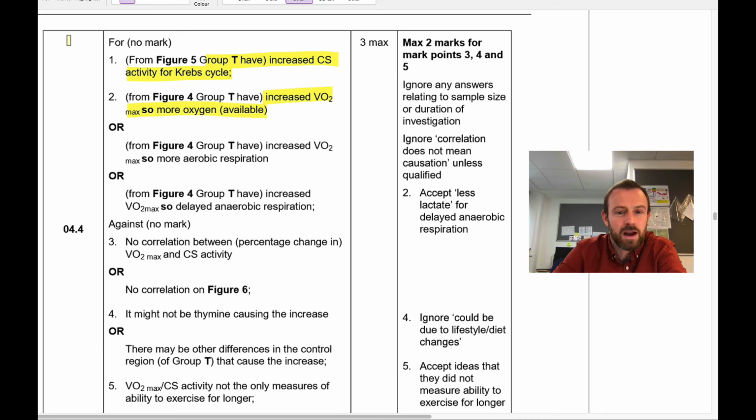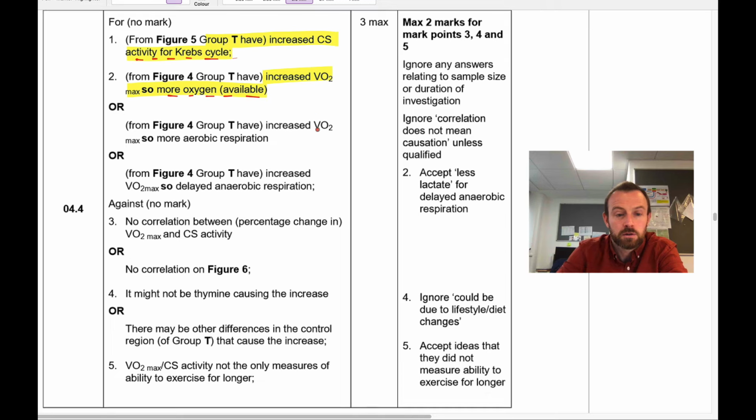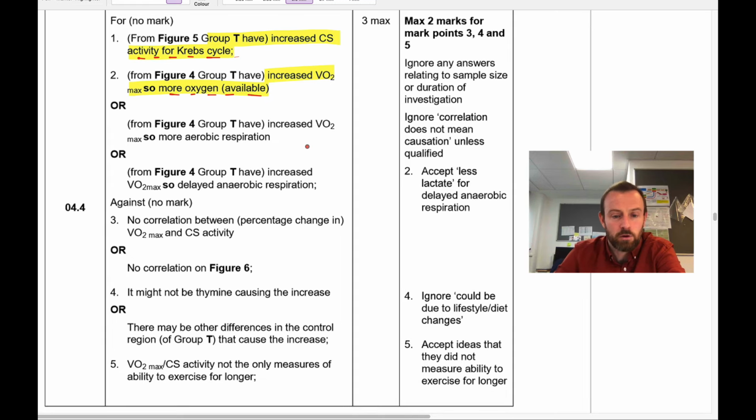It does look like you have to explain it. Yeah, so increased CS activity for the Krebs cycle, increased VO2 max, so more oxygen available, so more aerobic respiration, or delayed anaerobic respiration.